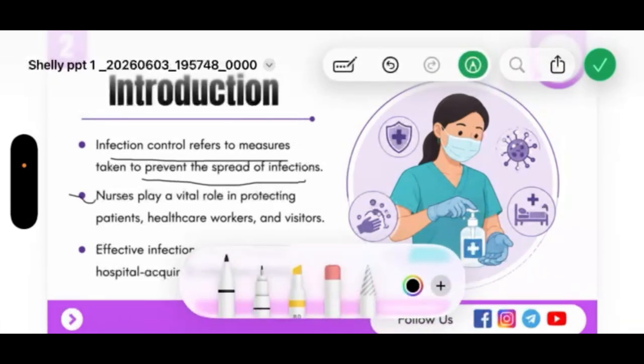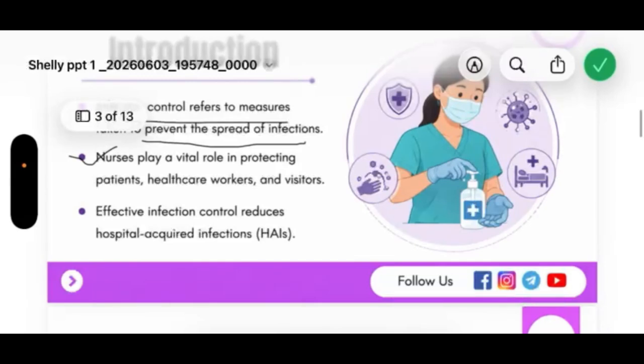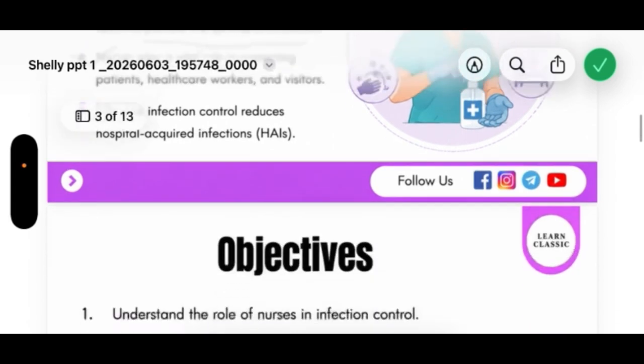Being a nurse, we have to ensure that visitors, healthcare workers and patients are always protected from infections. Effective infection control reduces hospital acquired infections.